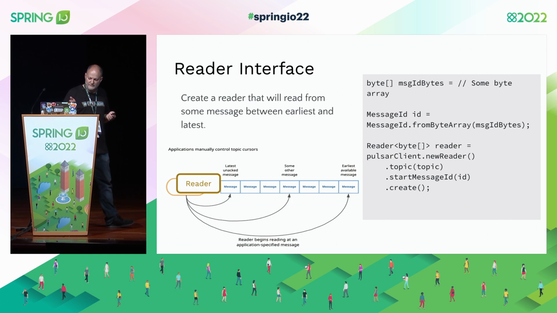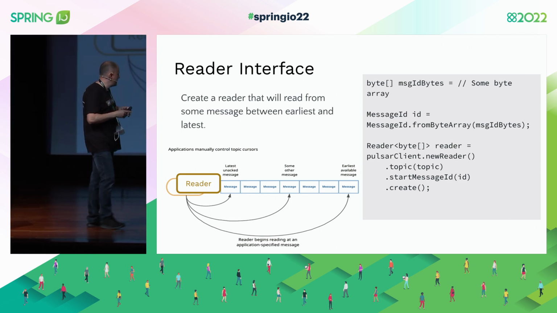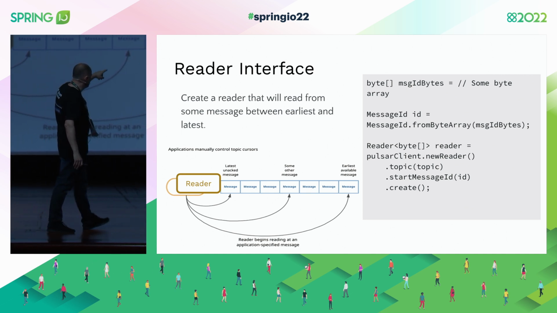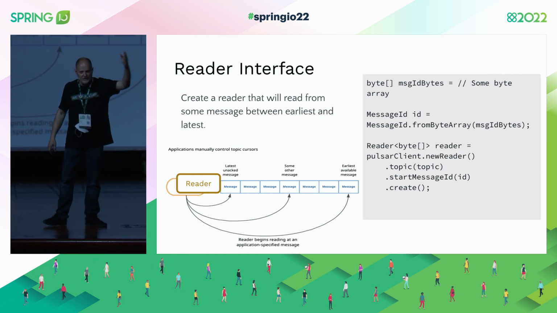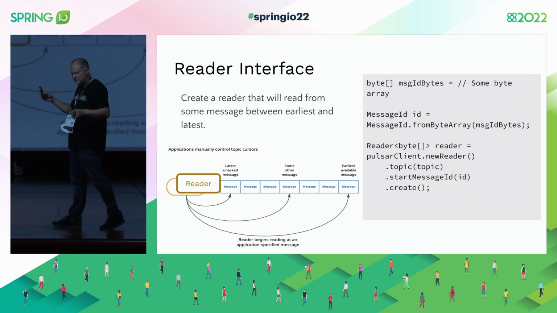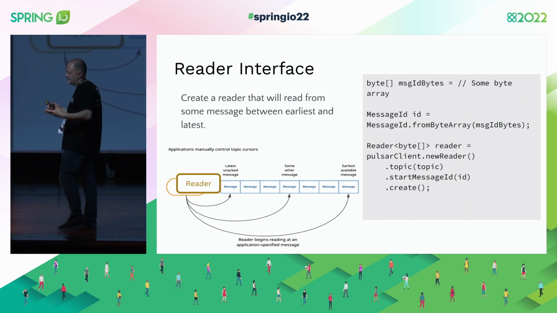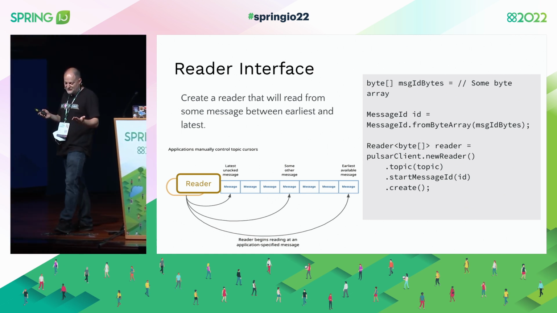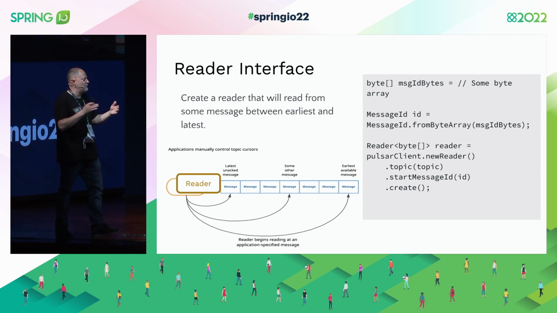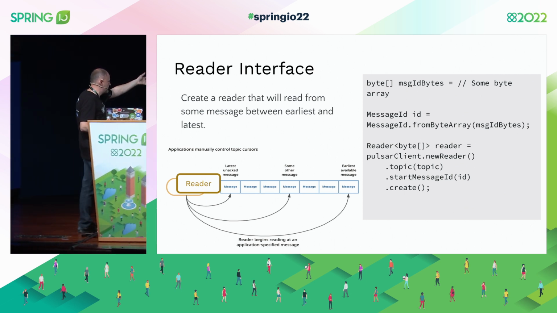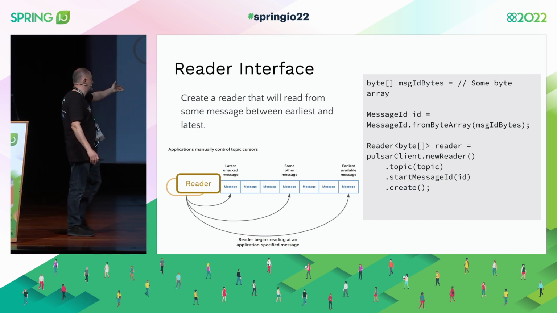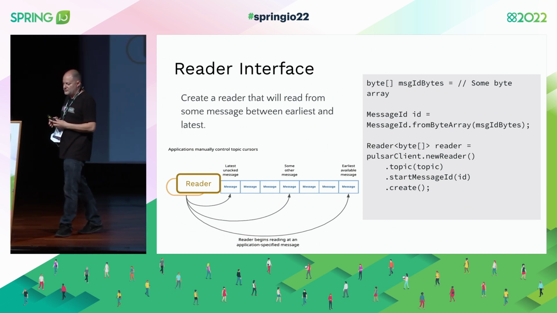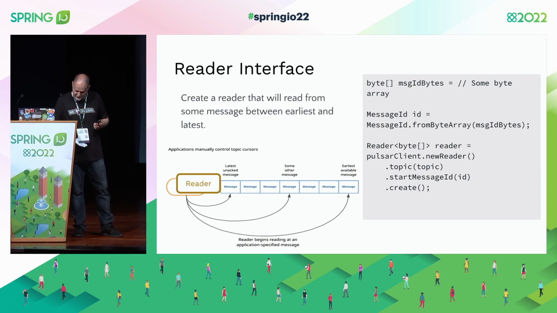If there's no key, I could use the reader to go back a certain amount of time, a certain amount of messages, or again, if I know that message ID, which I was outputting when we're doing the produce, maybe I save that somewhere, maybe in Redis, my Redis friends out there, and then if something goes wrong or if I want to scroll back to that, I could just put that in there. This is a different Java interface. This is currently only available for Java. We haven't implemented it in Go and Python and 900 other languages yet.